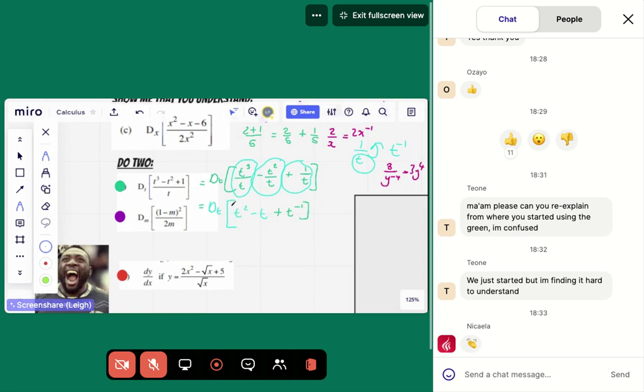So +1 in front of the t to the power of 2; the second term, minus 1, t, exponent 1; and the third term, plus 1, t in the numerator and its exponent. And now, and only now, are we allowed to apply the power rule.